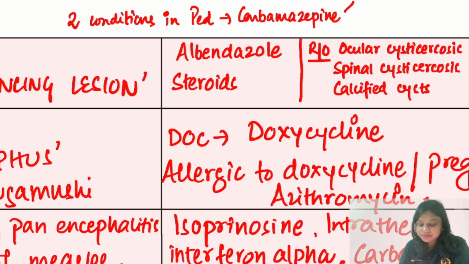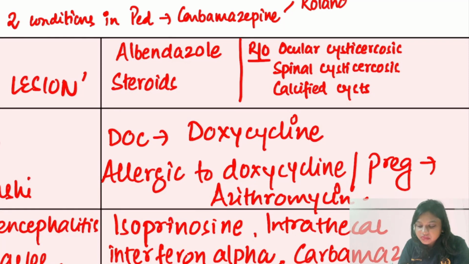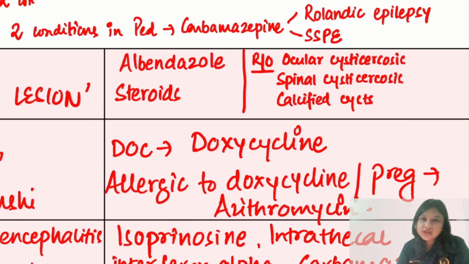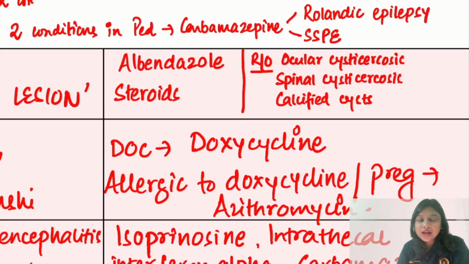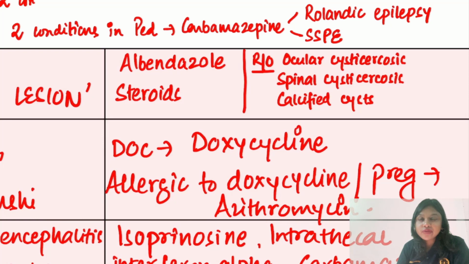One is Rolandic epilepsy, and another is SSPE. In SSPE you also have myoclonic jerks, but in SSPE we give carbamazepine. So the two conditions in pediatrics where we give carbamazepine are Rolandic epilepsy and SSPE.